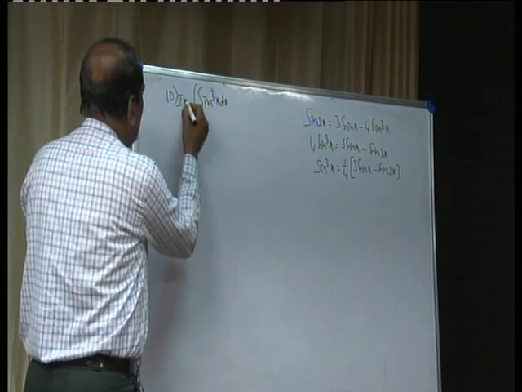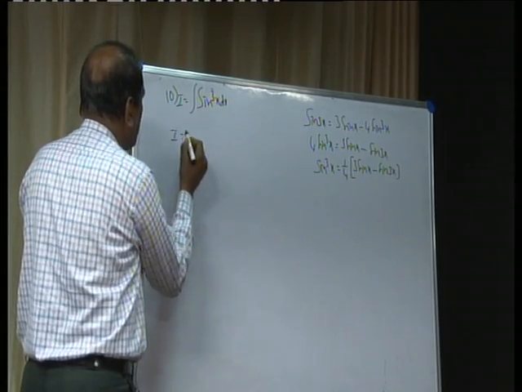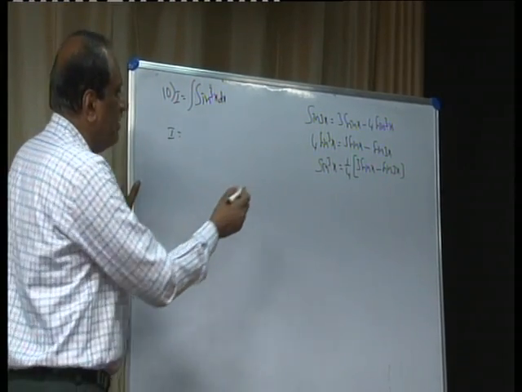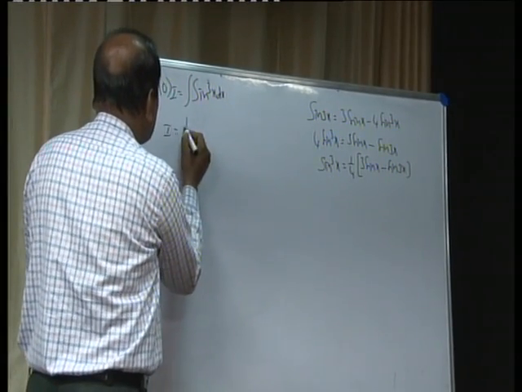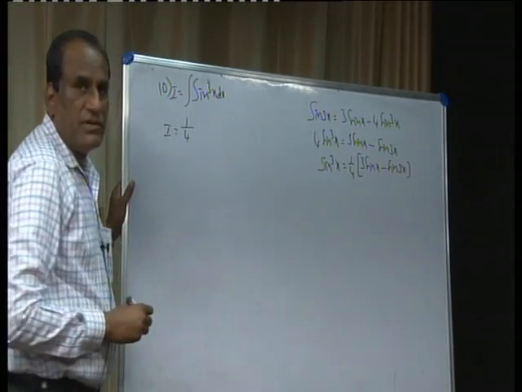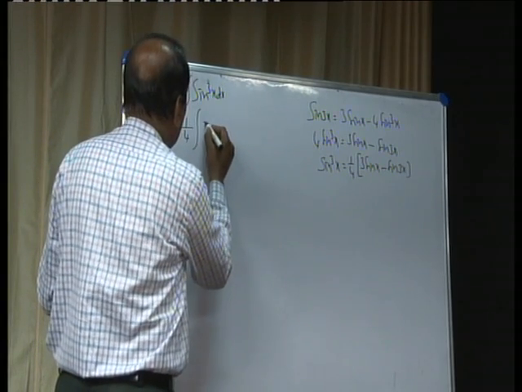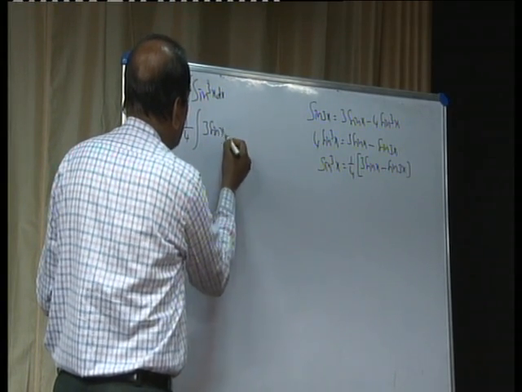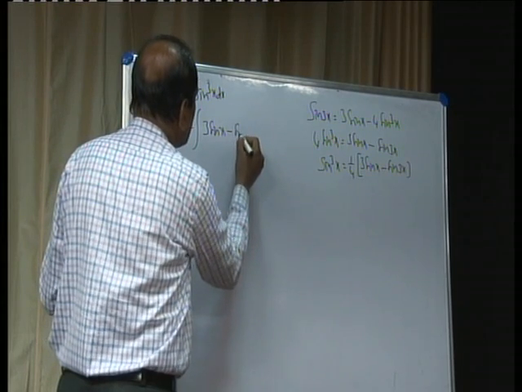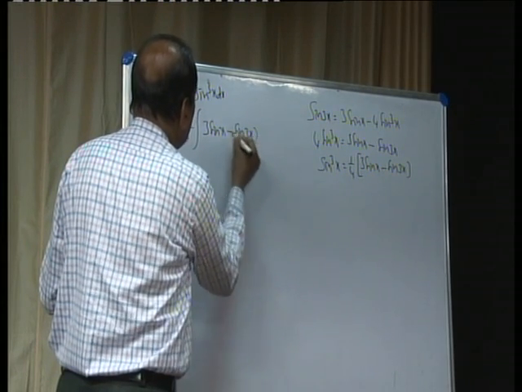Now the given integral I becomes: 1 by 4 is a constant, take it outside, into the integral of (3 sin x minus sin 3x) dx.